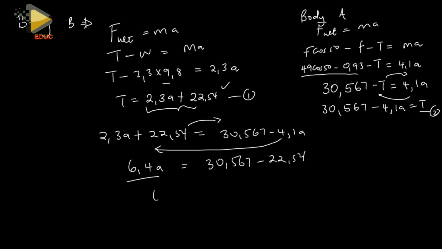Let's not divide yet. So it will be 6,4a is equal to 30.567 minus 22,5, which gives us 8,027. We now divide both sides by 6,4, and then our A becomes 31.25 meters per second squared.